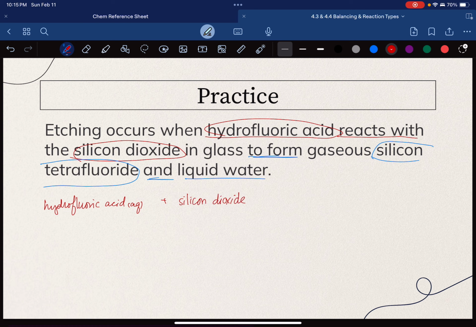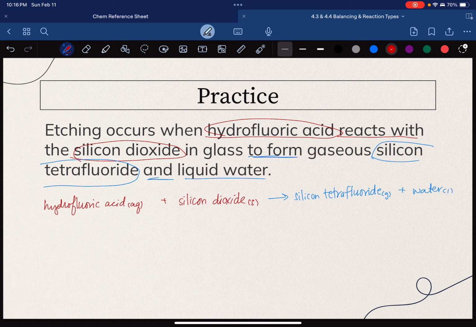Since it's in glass, it's probably a solid. And it's forming silicon, oh gosh. And let's respell that. Silicon tetrafluoride, which is gaseous, and water, which is a liquid.